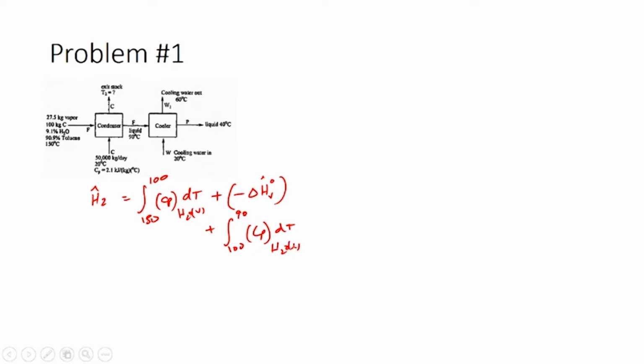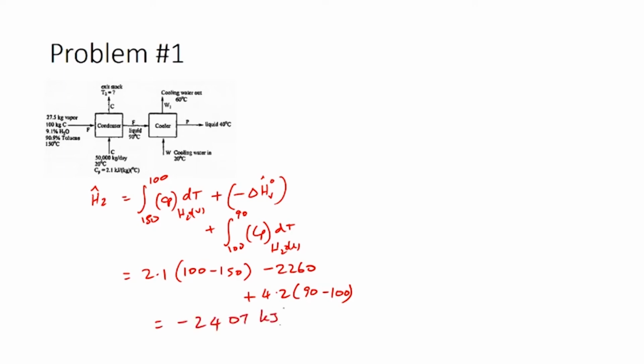We have the values of Cp for water vapor and liquid water from the problem. Using that we get 2.1 times (100 minus 150) minus 2260 plus 4.2 times (90 minus 100). This gives us a value of minus 2407 kilojoules per kilogram.